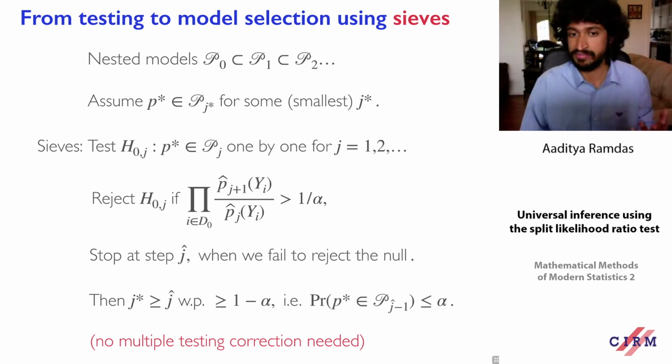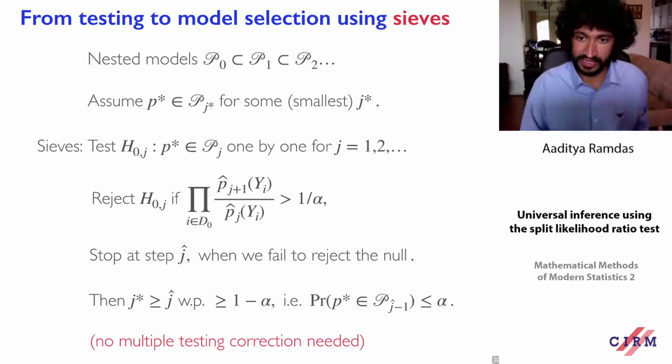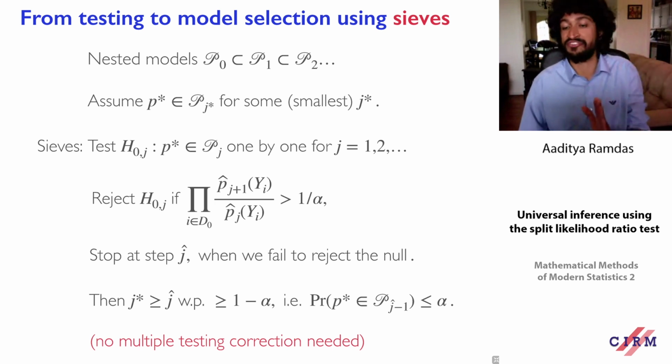So the idea of sieves is simple. You just test the null H0J, which is that P star is in Pj. You test it one by one for J equal to 1 and 2. And in our case, we test it using the split likelihood ratio test. And we stop at step J hat, which is the first time we fail to reject the null.